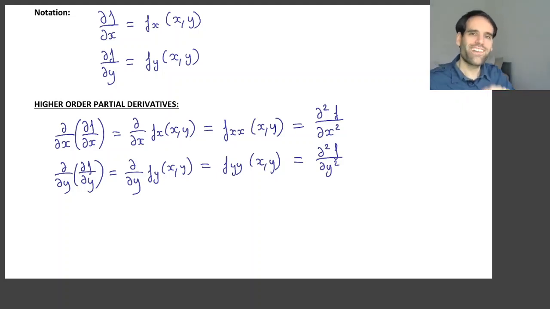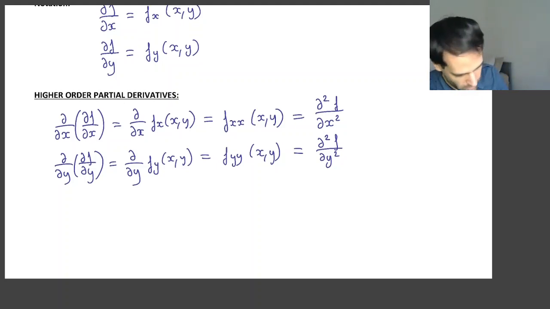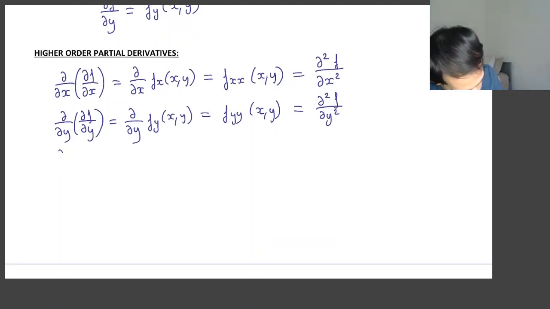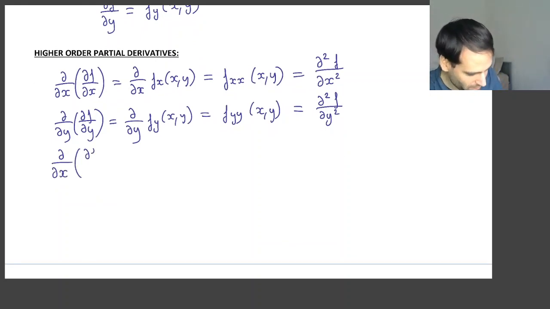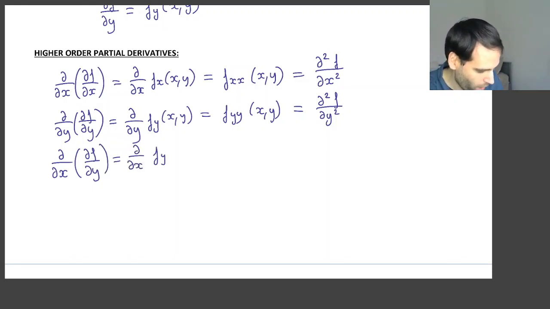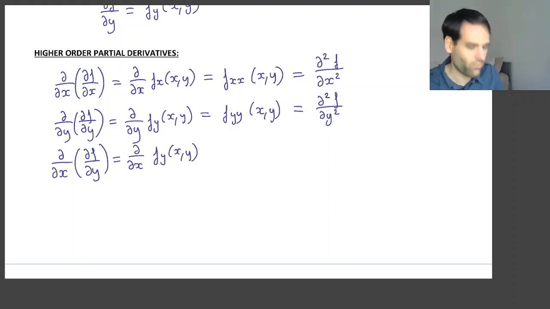But even more interestingly, we can now mix the variables. So for example, we can do the partial with respect to x of the function which is the partial of f with respect to y. So this is doing the partial derivative with respect to x of f_y, which is a function of x and y.